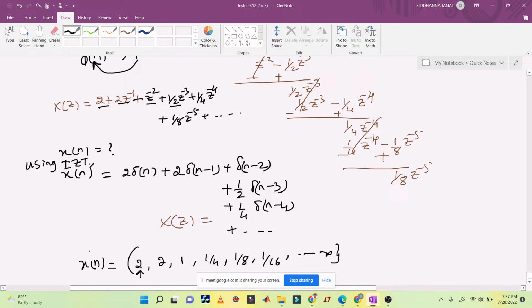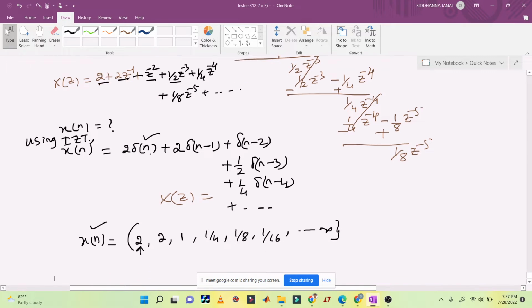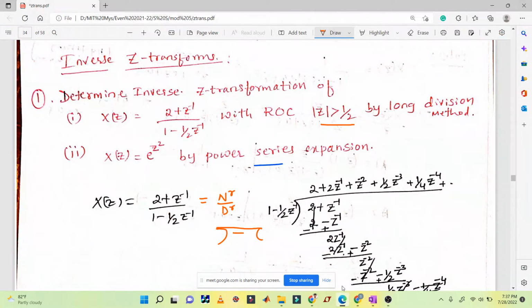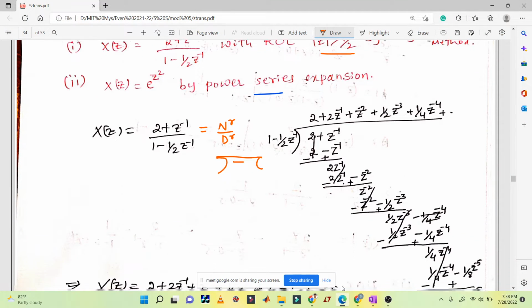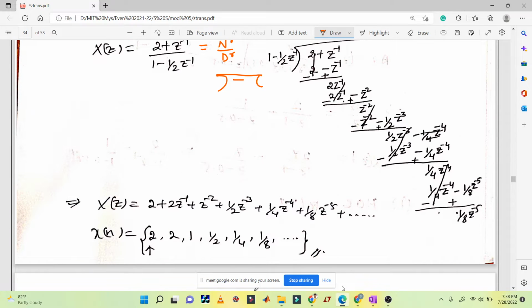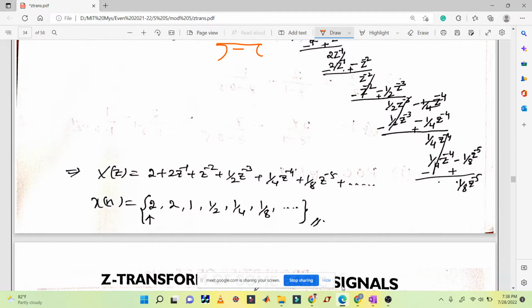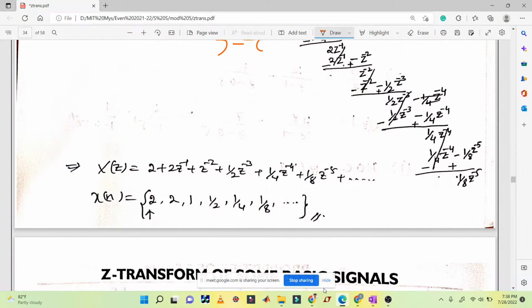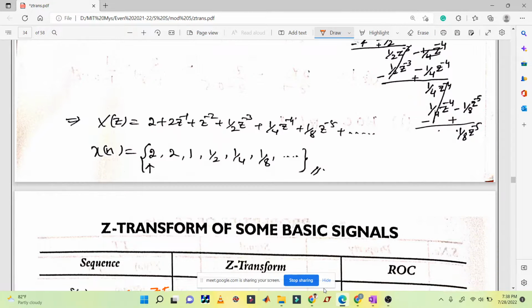So either you can write in this form or in this form. This is the inverse z transform, and this problem is the simplest one. So you can see here, this is the problem which we have solved now. Did I write 2 to 1? Yes, it is correct. Is that clear?